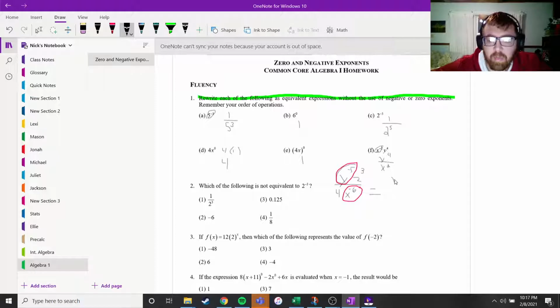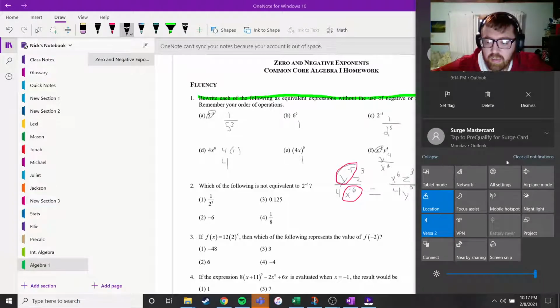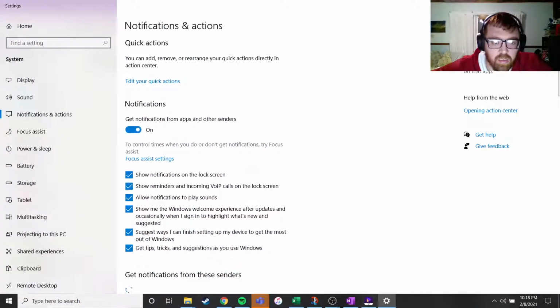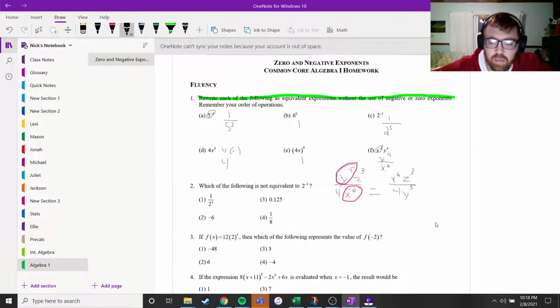So then it's going to become x to the sixth, z to the third, over 4y to the fifth.